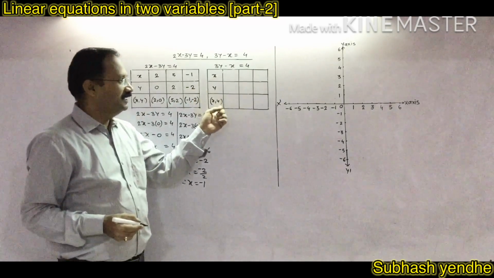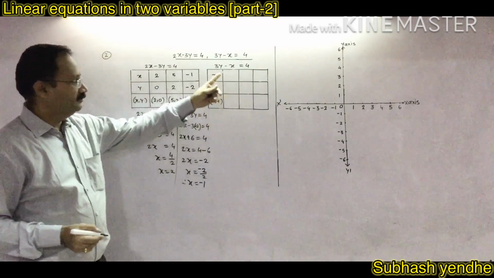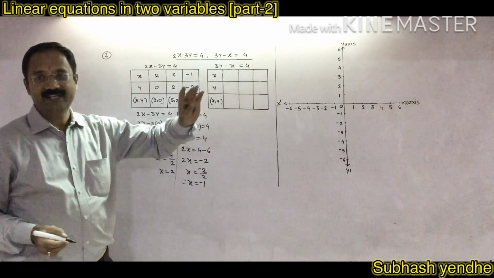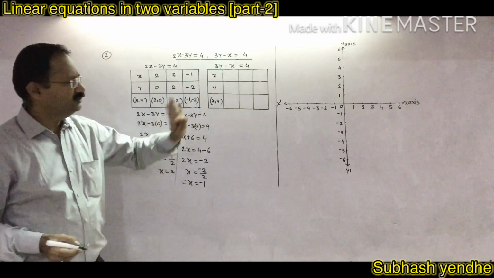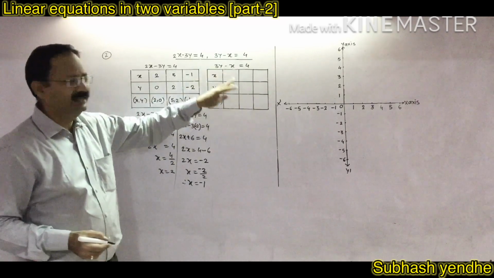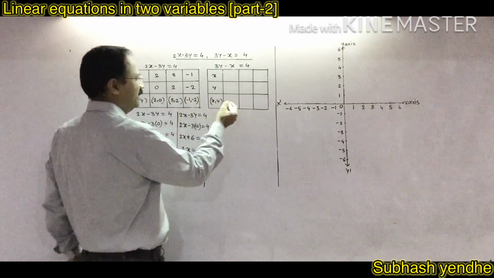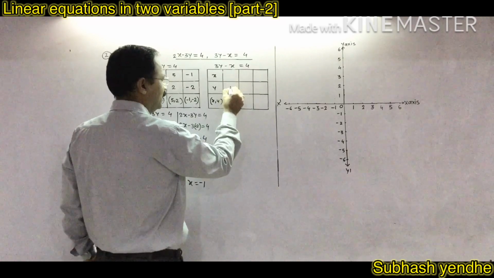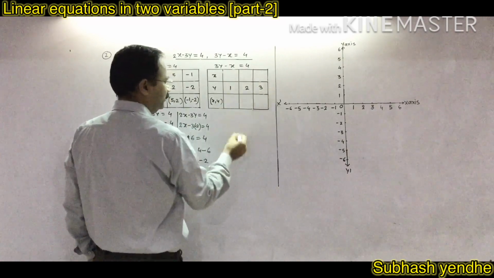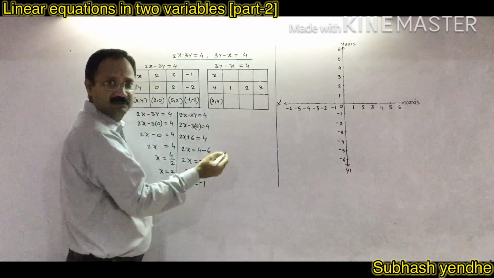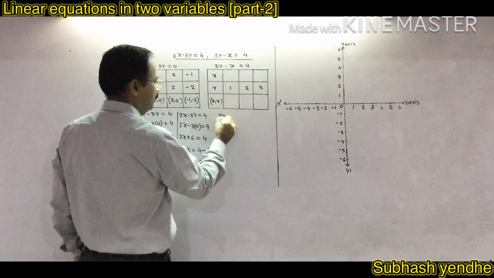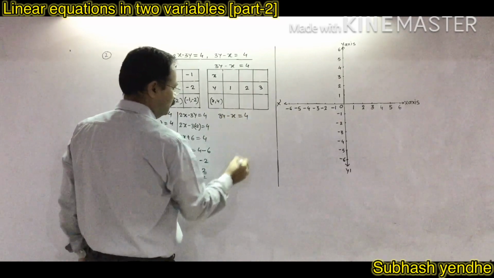This is the simple equation because x doesn't have any coefficient. So you can take the values of y as you like. I am going to take the values of y as 1, 2 and 3, so I am getting the values of x. 3y minus x equals 4.